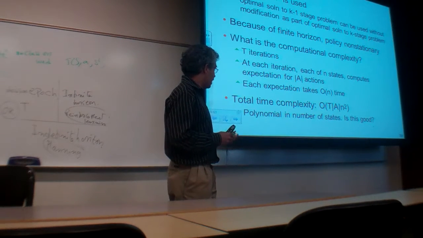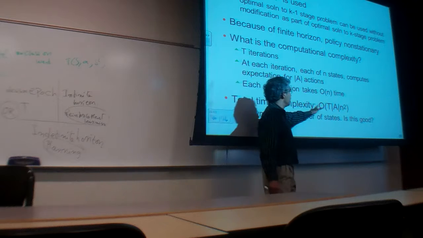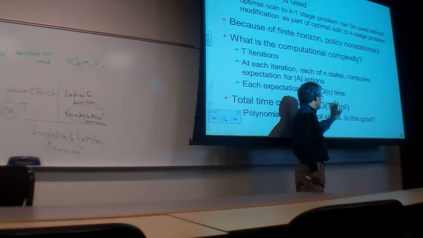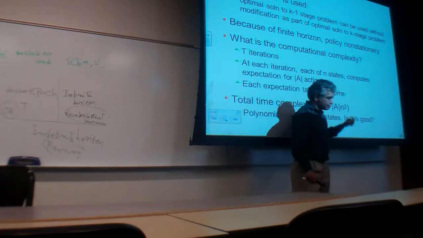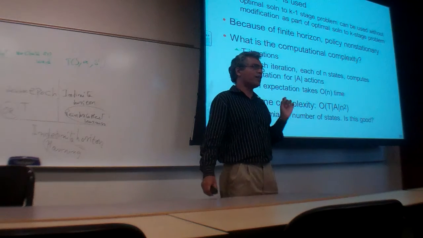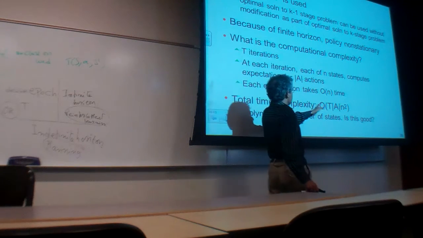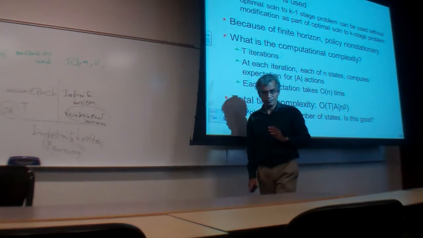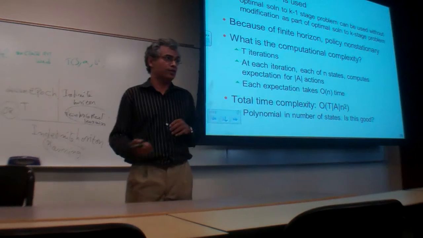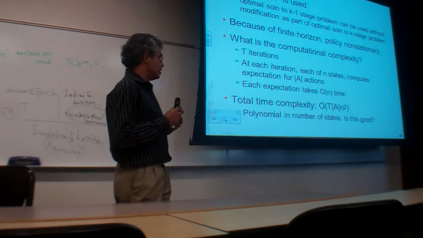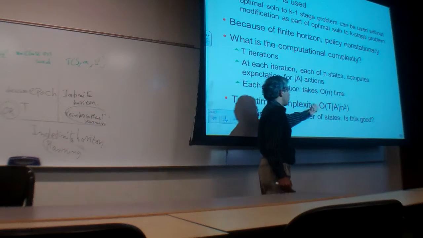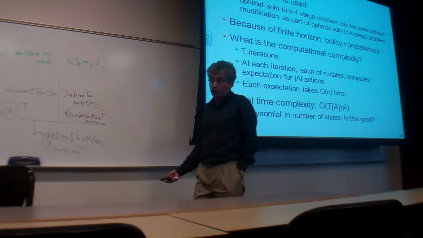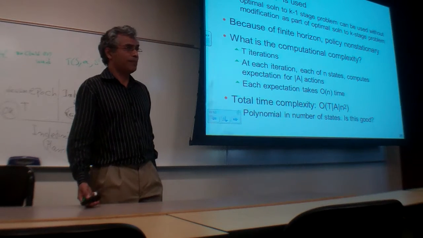So basically the total time taken is t·A·n squared. n is the number of states, so you are quadratic in the number of states. The t comes in because you do it once for each stage. The iterations are t. Okay, so this is a simple complexity of this problem because you know exactly how many iterations are going to happen.